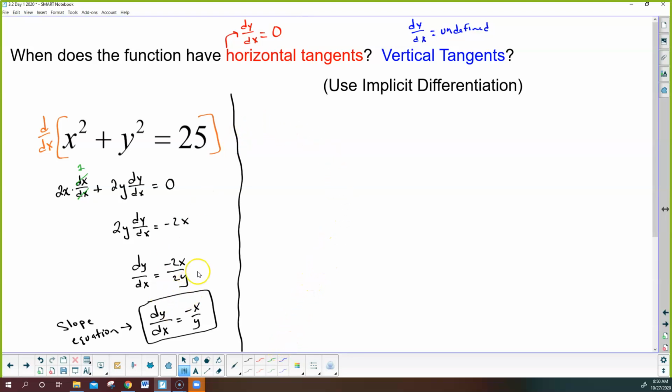So now that we know what the equation is for the slope, let's explore horizontal tangents. That is when the derivative is equal to 0.